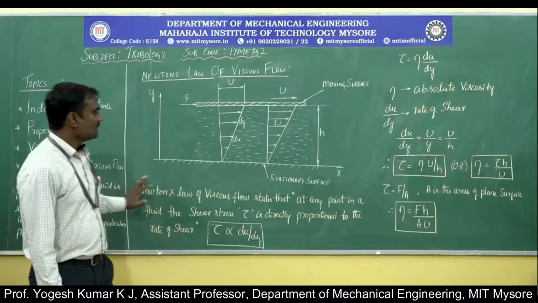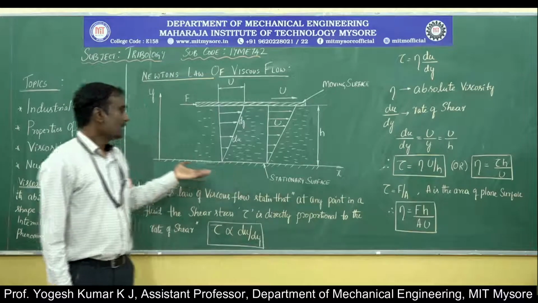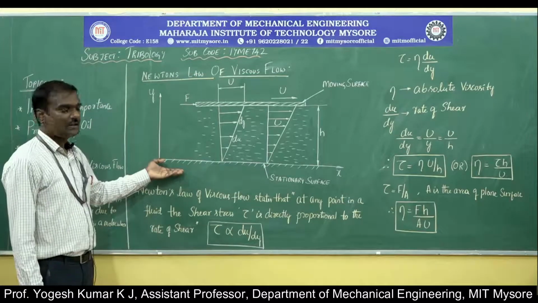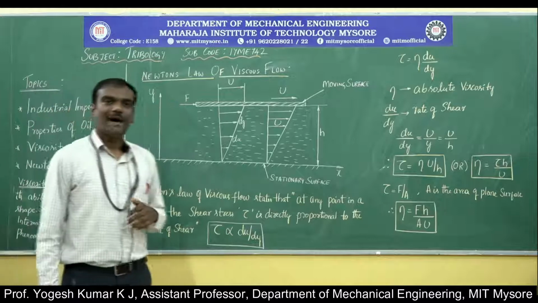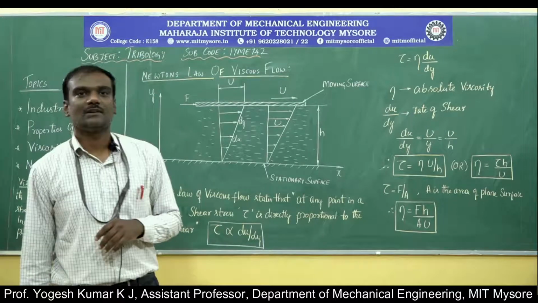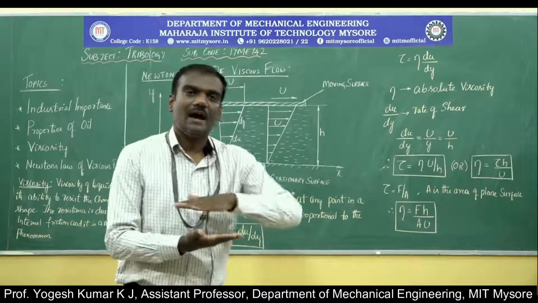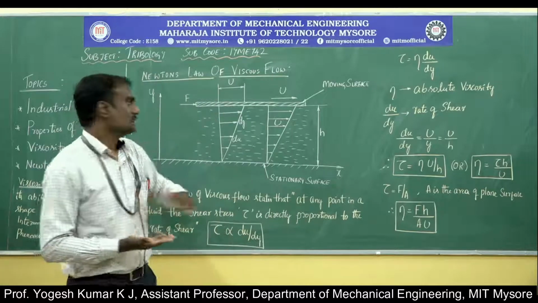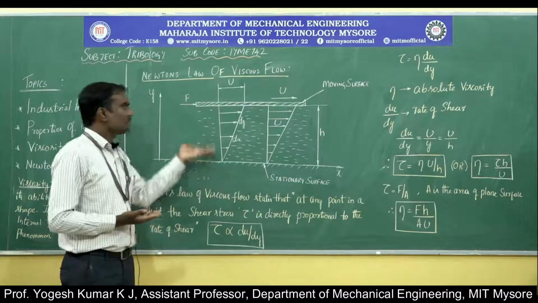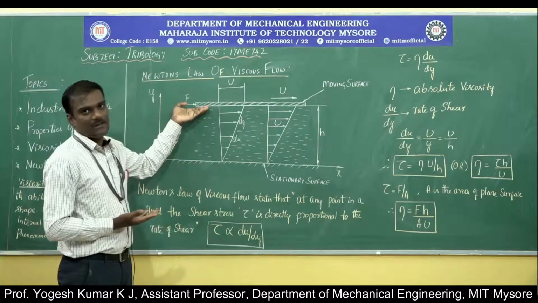Let us understand this concept with the diagram represented here. Here we have considered two parallel plates, one stationary and the other a moving plate. The stationary plate is at the lower level and the moving plate is at the upper level.